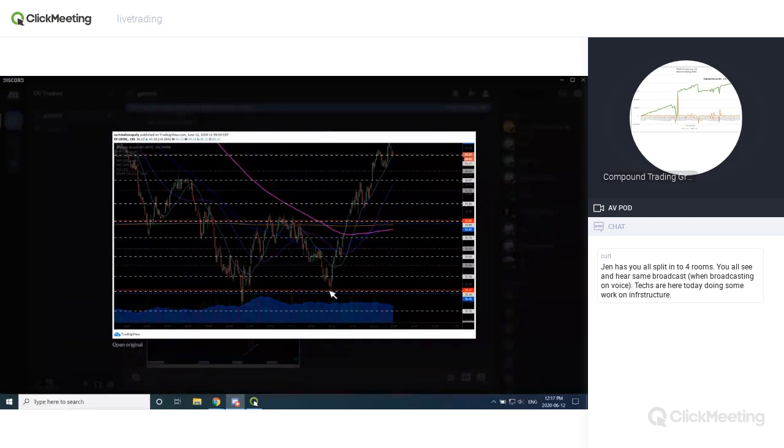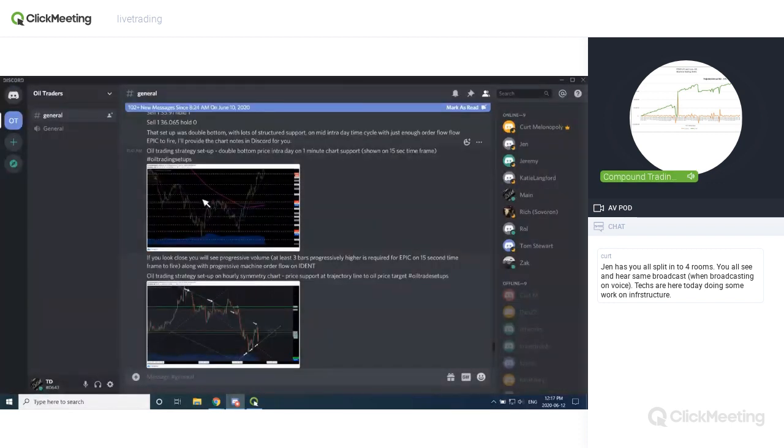So double bottom, volume, progressive volume, at least 3 bars, progressive order flow on the machine liquidity side, on the ident system, 1-minute support, and off it goes. So that's the one.